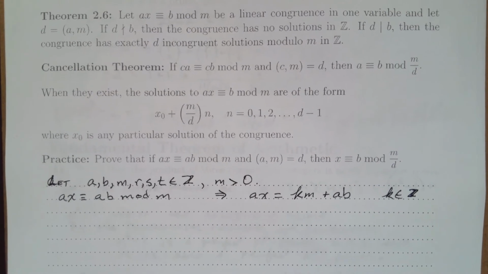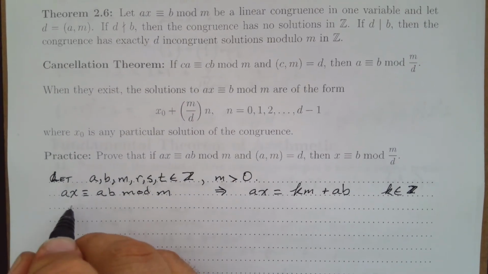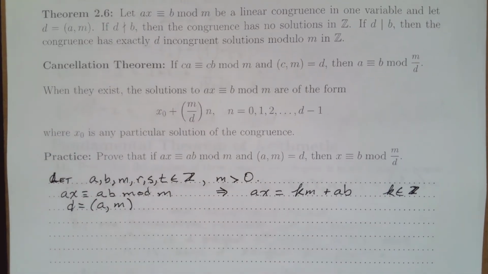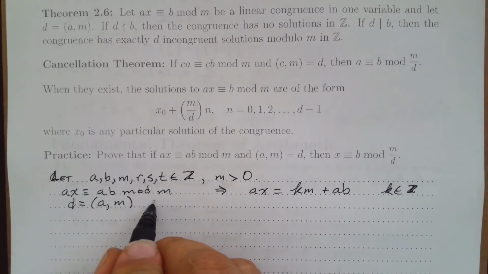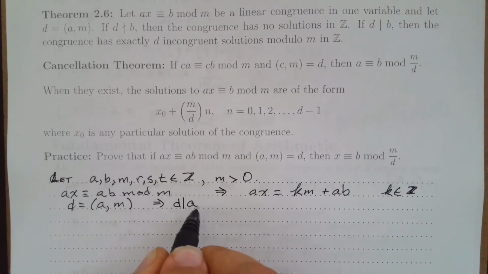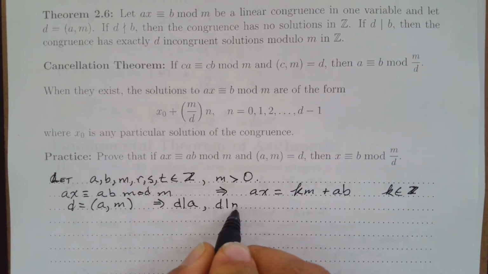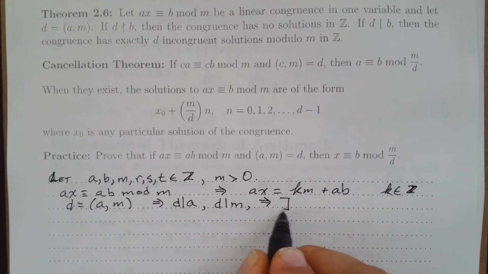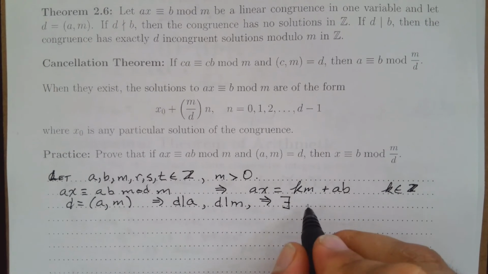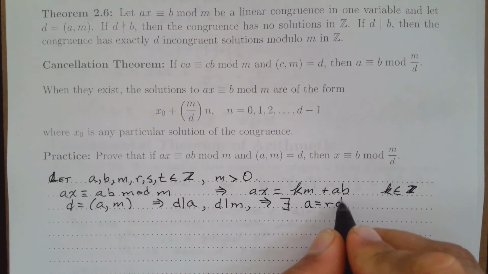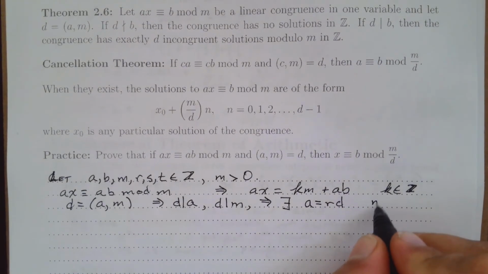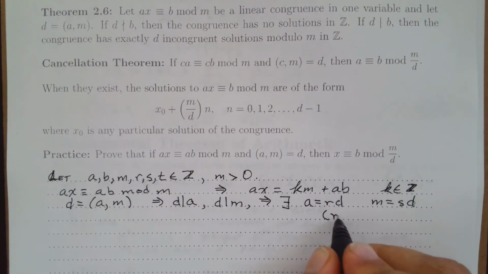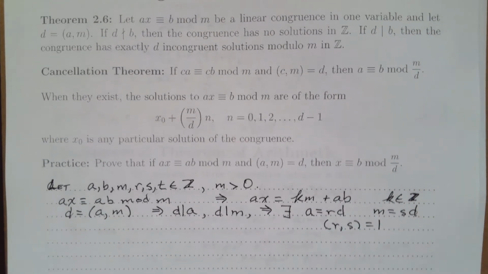Now, if D is equal to the greatest common divisor of A and M, then the implication is that D divides A and D divides M. It also implies that there exist R and S such that A is equal to R times D and M is equal to S times D, where R and S are relatively prime.